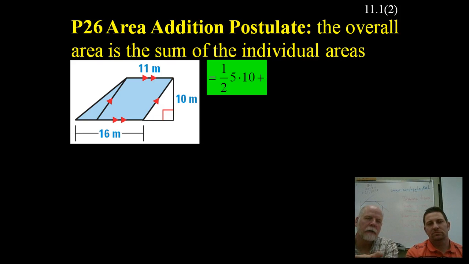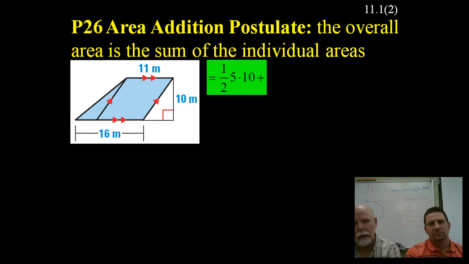The 5 comes from the fact that the entire base at the bottom is 16, but the top part of it over there is 11, and it's a parallelogram, so if you slide that down, that piece marked with the double arrow to show that it's parallel would be 11. So if you subtract that 11 from the 16, the base of the triangle would be 5. The 10 on the outside is perpendicular to that base, so that's the shape's perpendicular height. And so 1/2 of 5 times 10 is the area of that triangle out there.